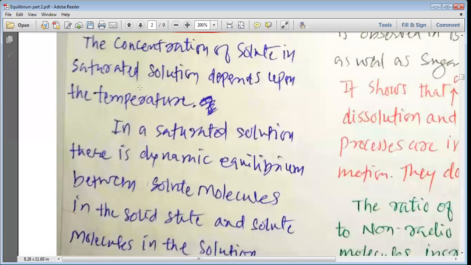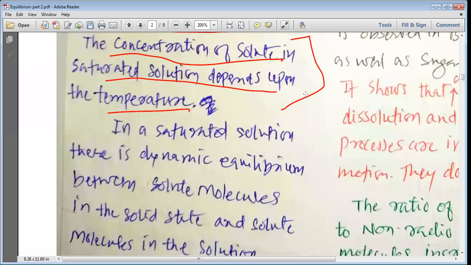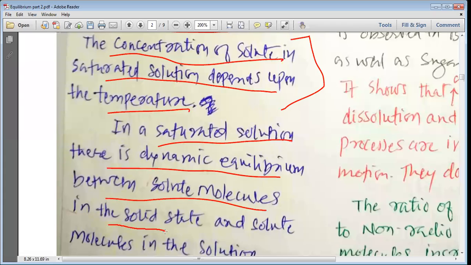The concentration of solute in a saturated solution depends upon the temperature. So if we cool it, the crystals of solid crystallize out, and this is how we can say that the concentration of solute in a saturated solution depends upon temperature. In a saturated solution, there is a dynamic equilibrium between the solute molecules in the solid state and the solute molecules in the solution.